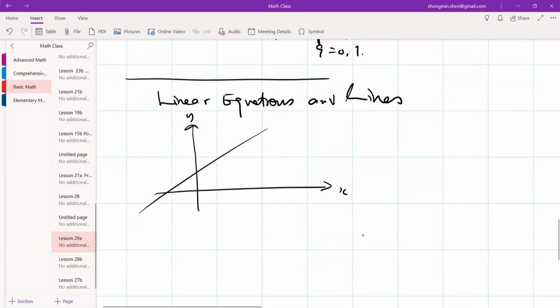For a given line, what really matters is that if you draw a triangle, we find the ratio, delta y over delta x. We find this is going to be a constant, and this constant is going to be called the slope.